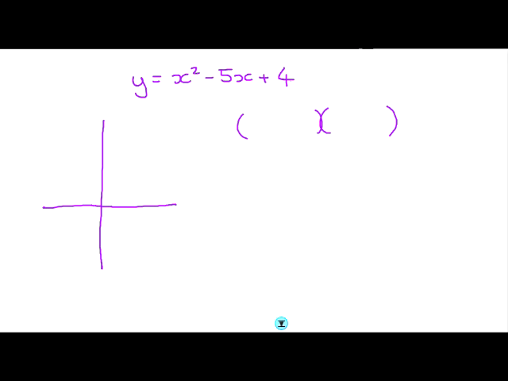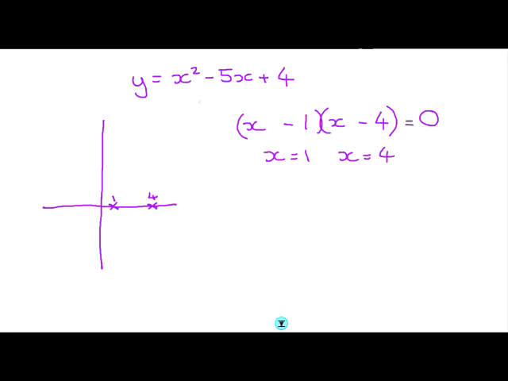So the factors of 4 that make 5, well, we can have 4 and 1, of course. So they need to both be negative to make the minus 5x and multiply together to make the 4. So when we solve this, we get x equals 1 and x equals 4, which tells me it's going to cross there and there roughly. So that being 1, that being 4.